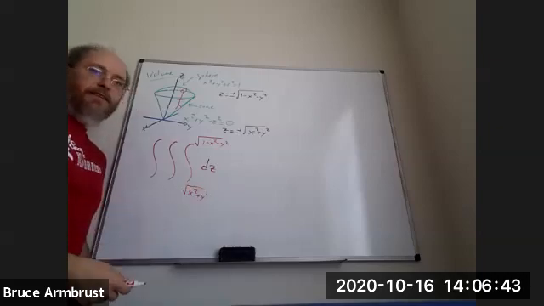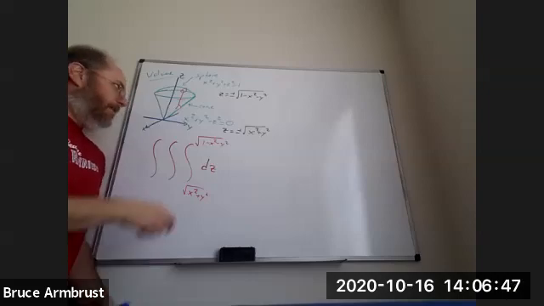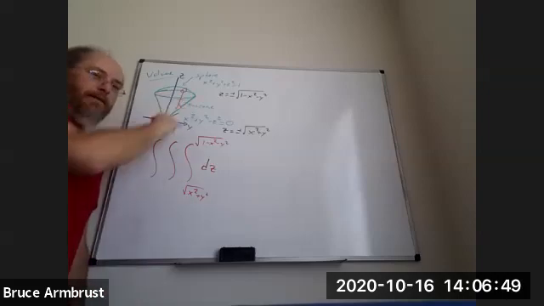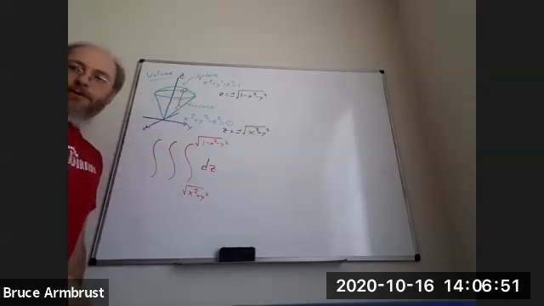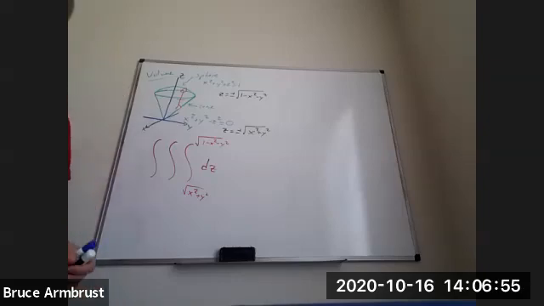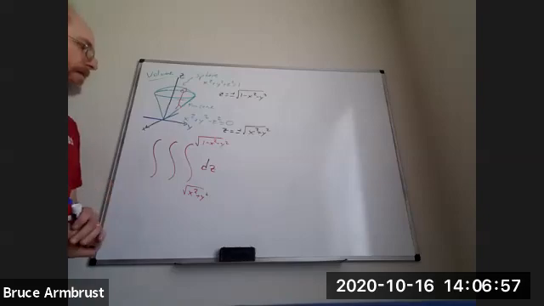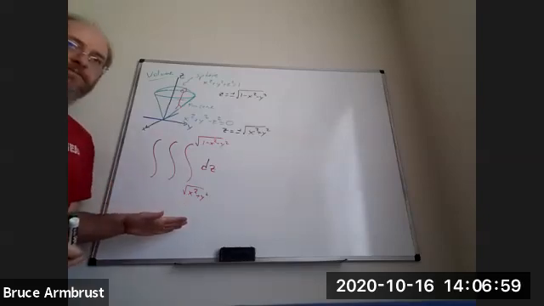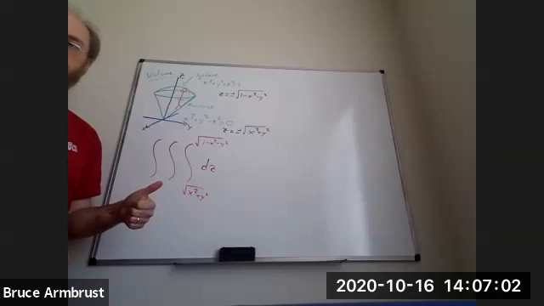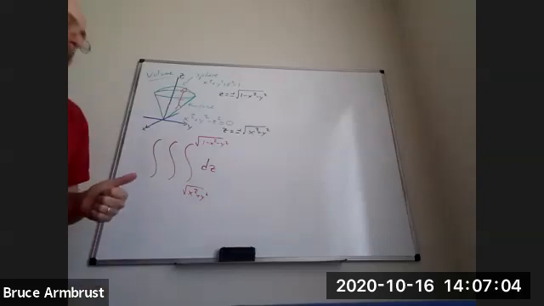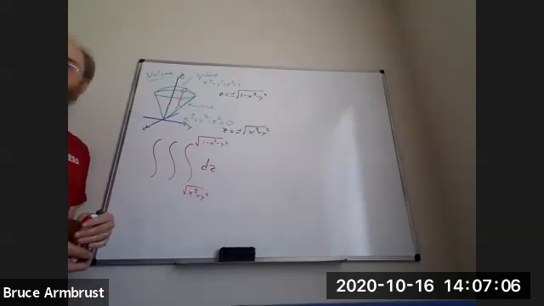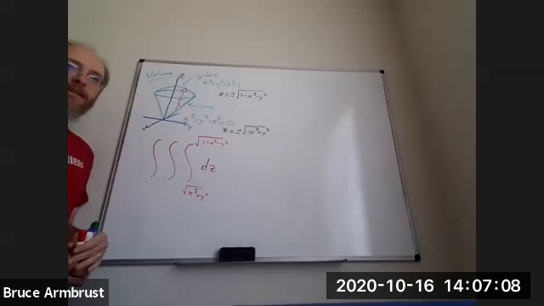It's the plus, because this part of the cone is above the xy plane. We're in positive z world. All right, so far so good? Thumbs up? Thanks for playing along.